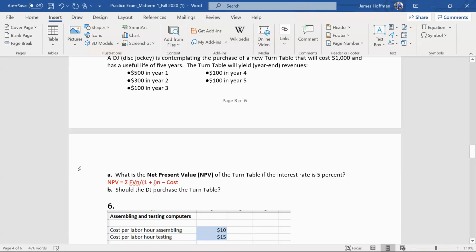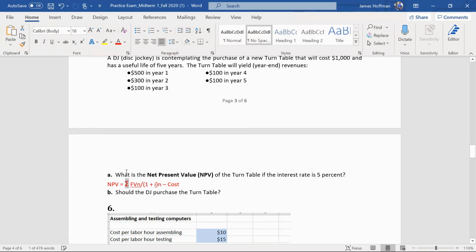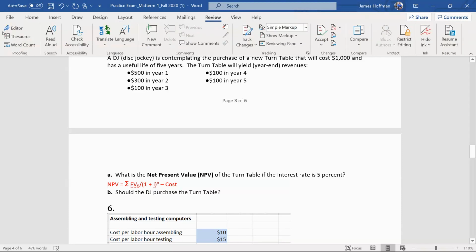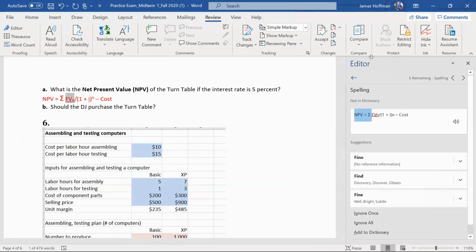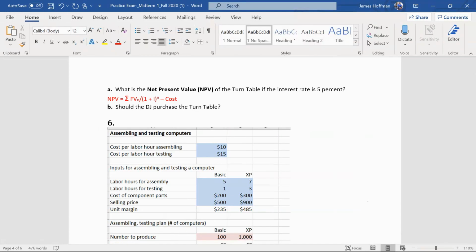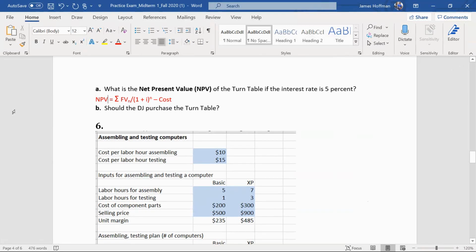Okay, so I'm trying to write a general formula so you can have it here. Okay, so the net present value is the sum of all the future values in that current period, and then divided by 1 plus I, the interest rate raised to the current period.